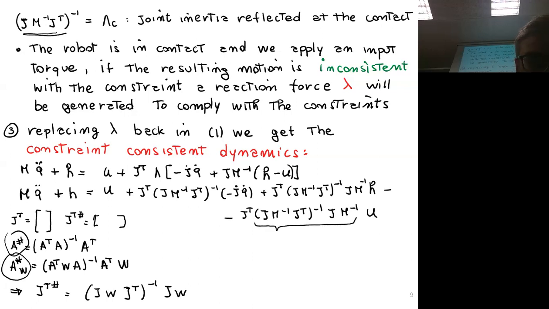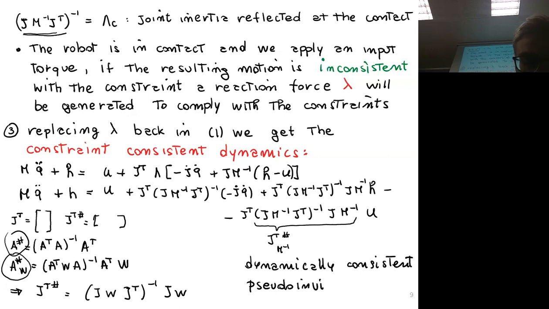This is nothing else than the J transpose pseudo inverse with a weighting matrix M minus 1, the inverse of the inertia matrix. And this is called the dynamically consistent pseudo inverse. It was discovered by Oussama Khatib at Stanford University, one of the gurus of robotics in the 80s.